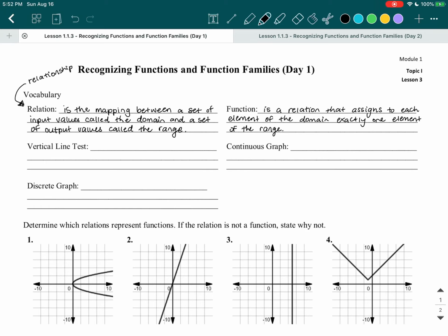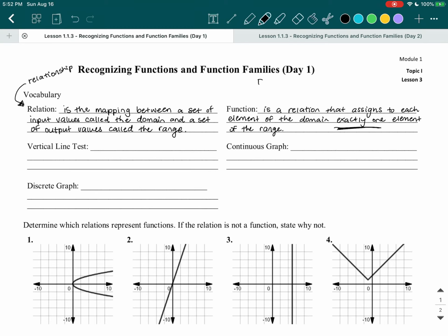Okay, and I'm going to give you a little example of this function, okay? So a function is a relation that assigns to each element of the domain exactly one element of the range. Not 2, not 3, but exactly 1.